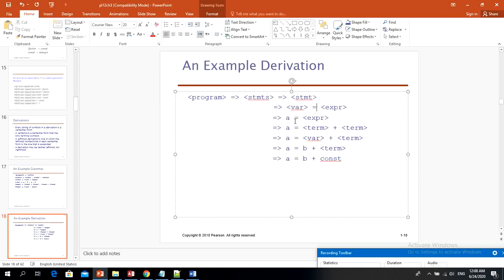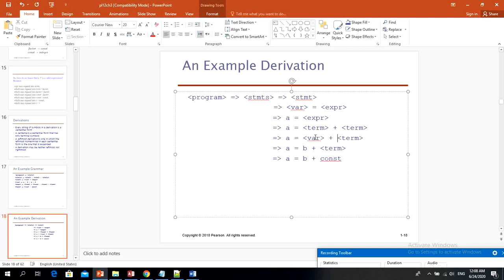This expression could be a constant a equal expression, or a equal term plus expression, because expression is actually a term plus expression as well. And this term could be var here. Variable could be var, could be expression, or could be term. So here we can say that a equal var plus term.